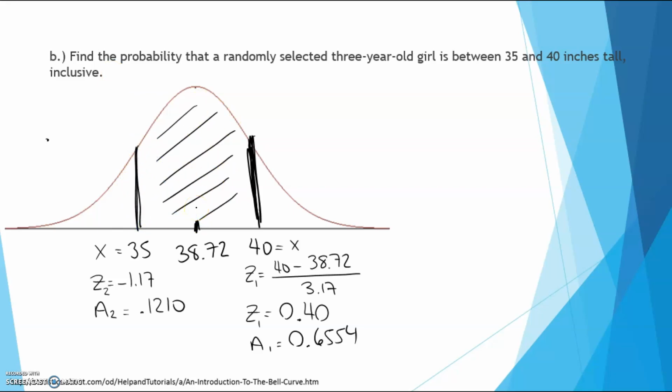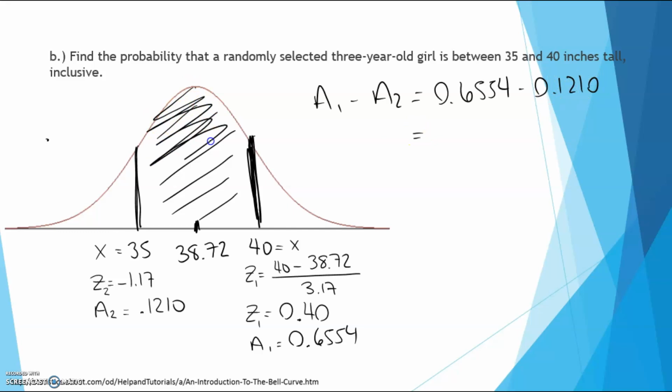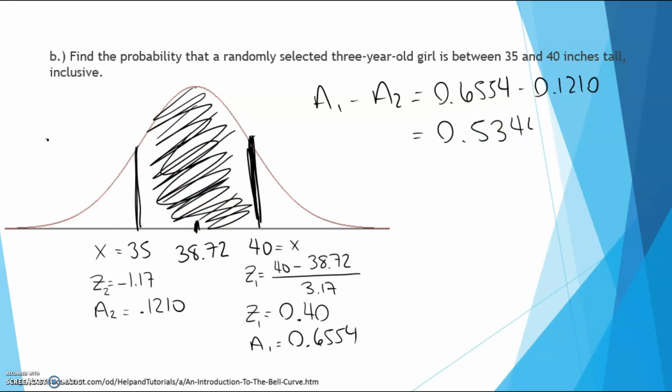We're going to subtract those two areas. You always start with the bigger one. So A1 minus A2, or 0.6554 minus 0.1210. That's going to give me the area between these two numbers, which is 0.5344.